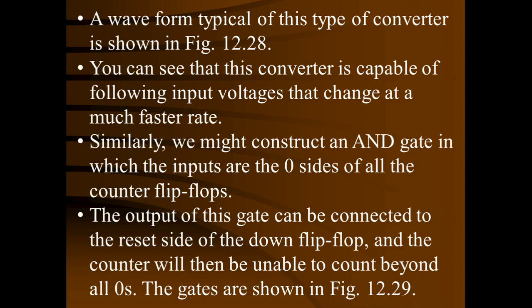But if the conversion time is comparable with the response time of the input signal, then that method is not tracking the input waveforms. So here you can see that the convergence time is very small. So this is a much better way; it can follow the input signal. You can see that this converter is capable of following the input voltage that changes at a much faster rate.